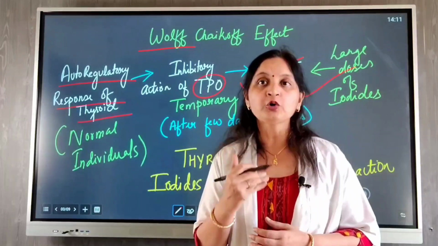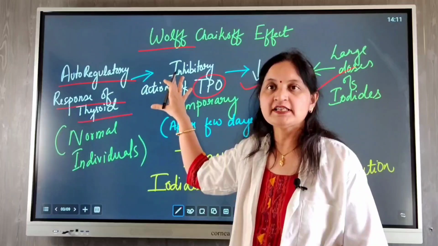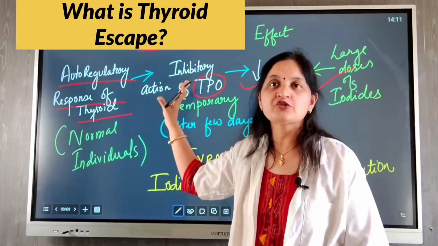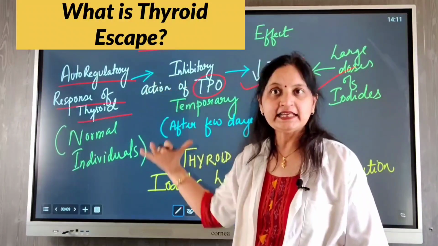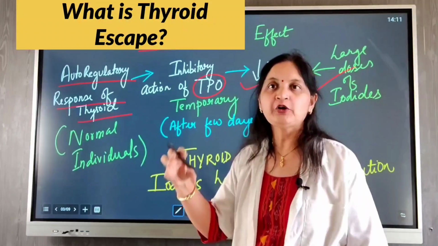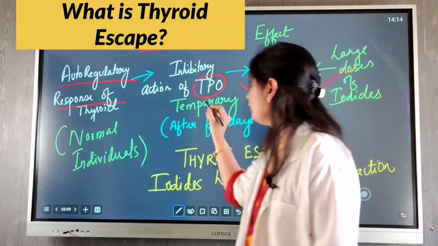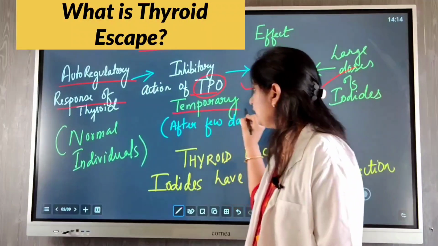As an auto-regulatory response, there is inhibition of the thyroid peroxidase enzyme in response to large doses of iodides, and this decreases the T3, T4 levels to control the thyroid hormone levels in the plasma. But this inhibition is temporary.